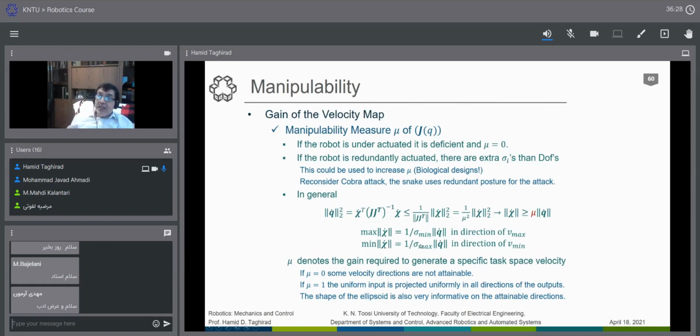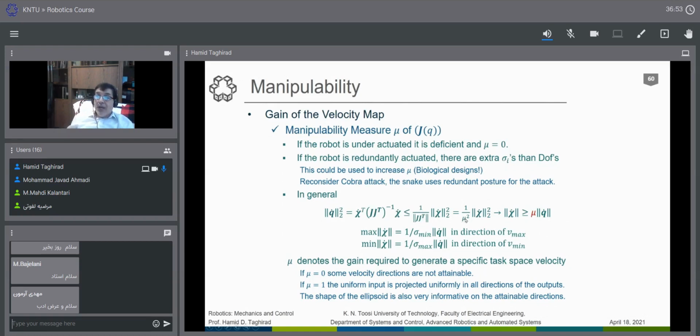So why is this the case? As you see, q dot is equal to x transpose J J transpose inverse. So basically the norm of that could be smaller than the norm of this. J J transpose comes to the inverse, and the norm of this is particularly defined by the manipulability measure, the measure mu.